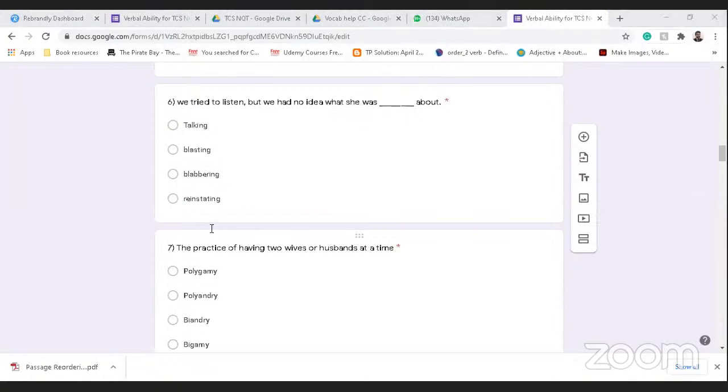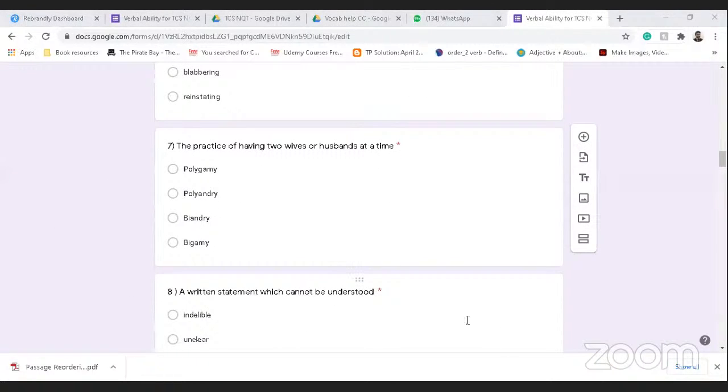Answer is blabbering. Seven. The practice of having two wives or husbands at a time is called bigamy. Bi means two. Gamy comes from the word gamous, which means, yes, Abhishek. That's a good one, Abhishek. I wanted to find out who is going to enjoy this question.